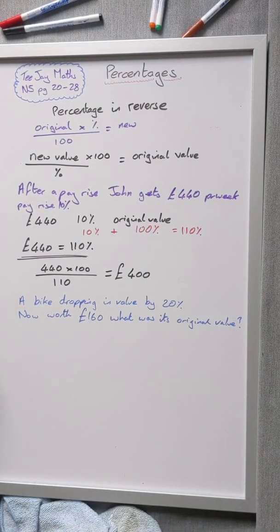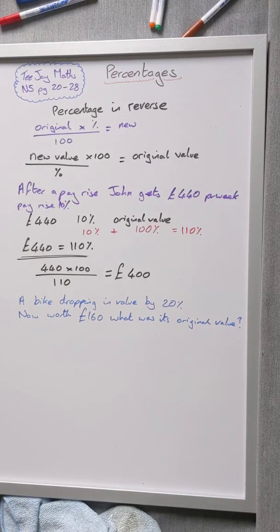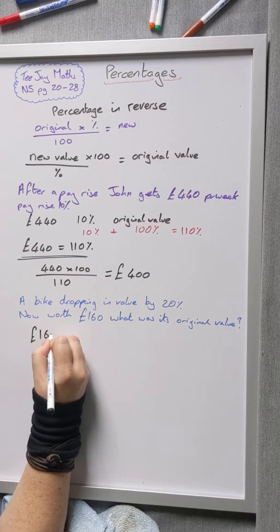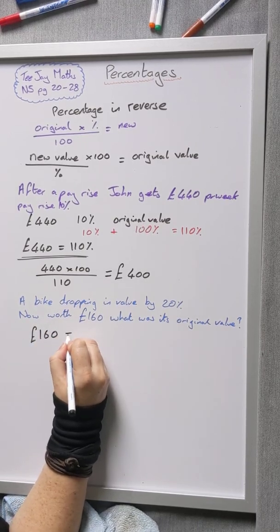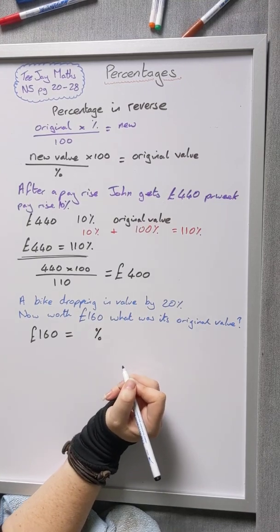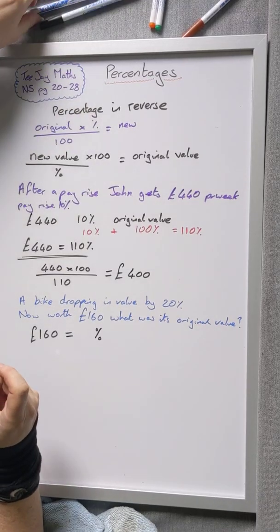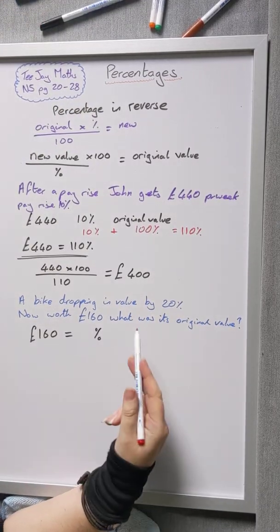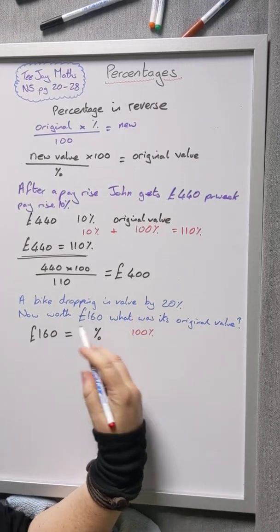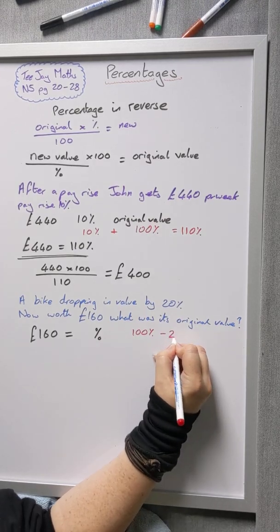I apologise for my handwriting. Sliding down the page here. Right. So we've got our £160 and we're going to figure out what percentage that is. So we know that our original value is the answer, so that would be the 100%, and we're told that it's dropped by 20%, so that's going to be minus 20%.